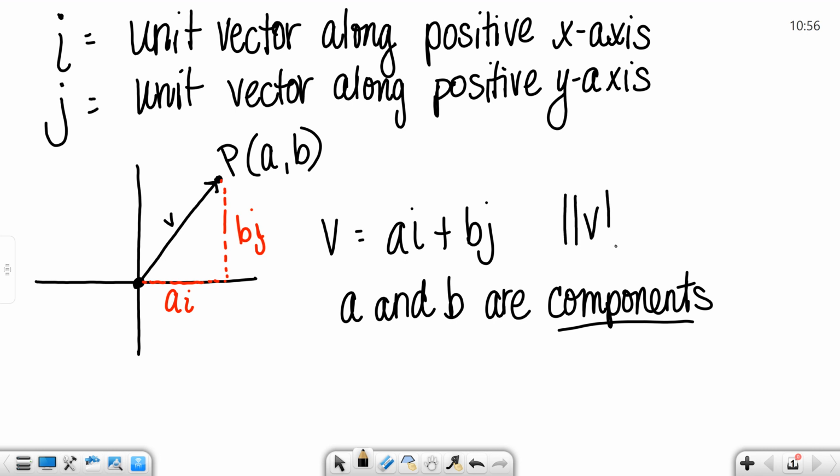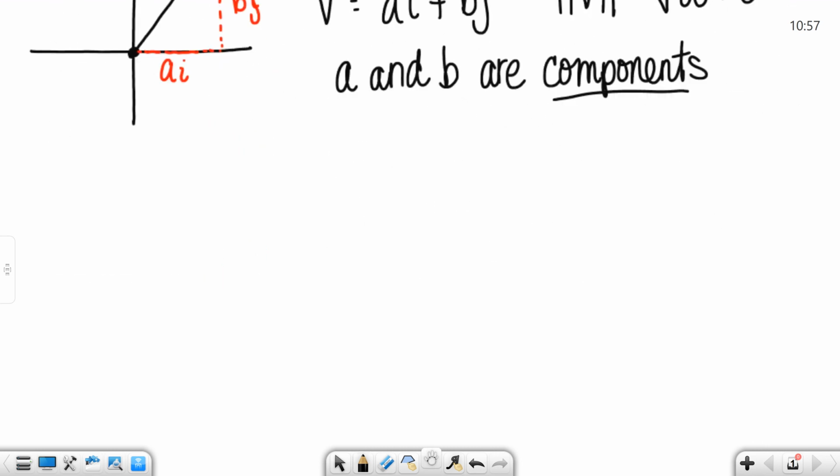And to find the magnitude of our vector, all we have to do is, again, use the distance formula, but in this case, since the origin is one of our points, we just have to do the square root of a squared plus b squared. The square root of, and we use the components in there. So let's use this information to help us with example number 2.